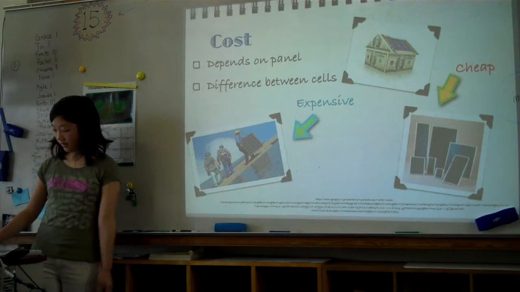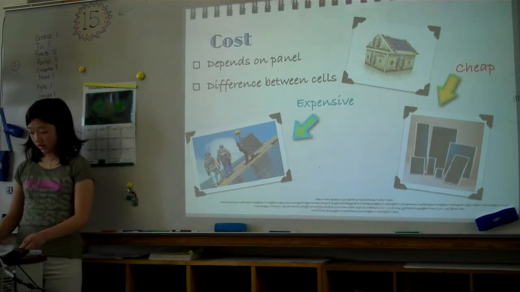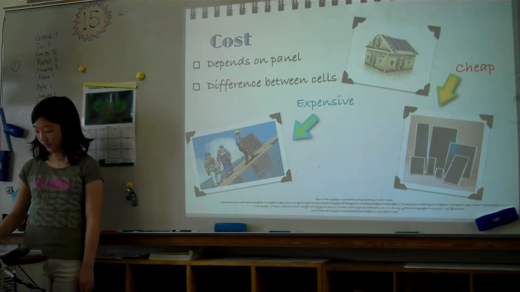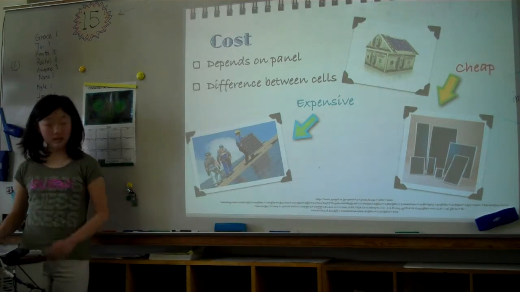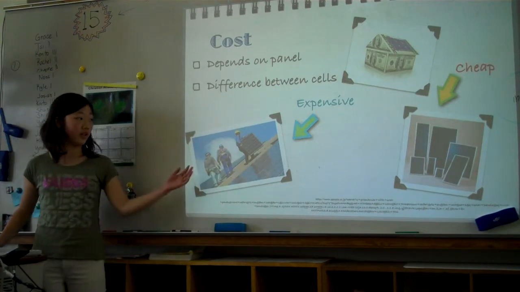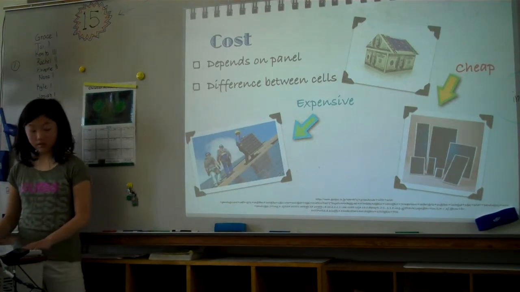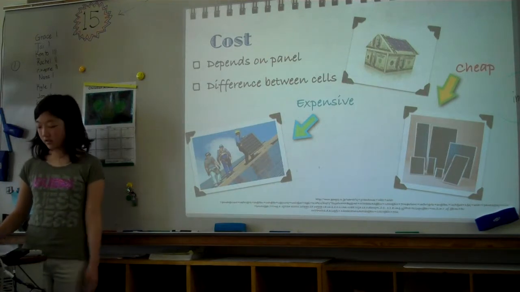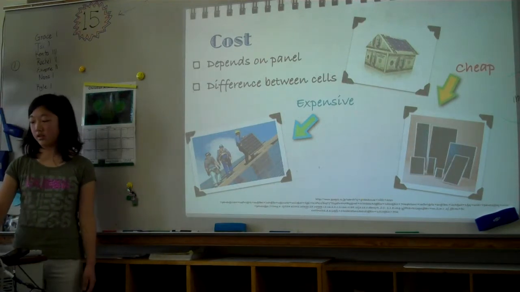And the cheap ones may be the thin film, which has efficiencies of 5 to 10%. And the cheap ones' lifetimes are shorter and the expensive ones are longer. So those are the differences for the cost of solar energy.